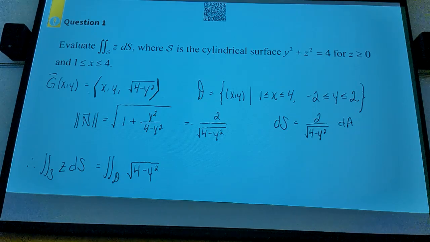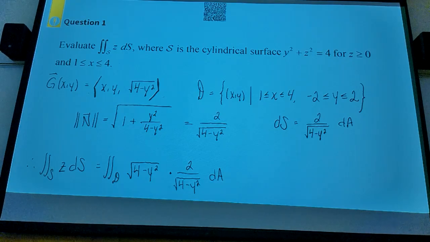The integrand becomes just the square root of 4 minus y squared, or 4 minus y squared, rather, square root of that. Then times your dS, which became that 2 over root 4 minus y squared dA.